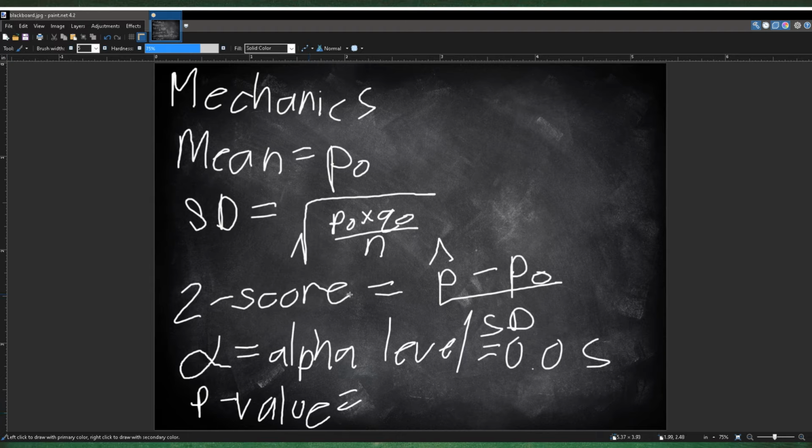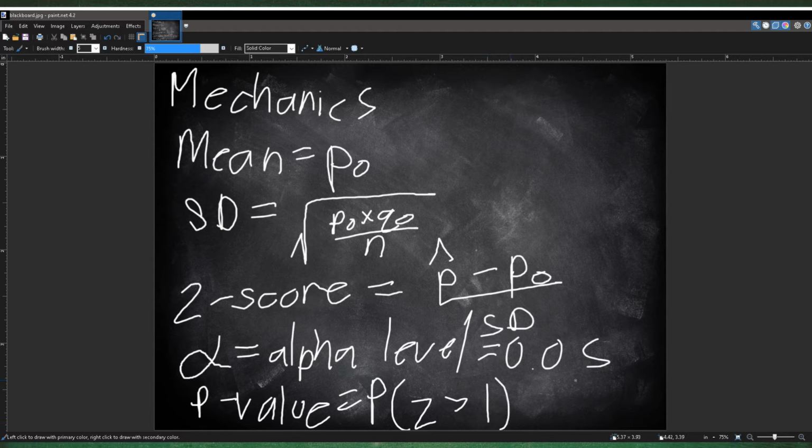The mean, the standard deviation, and the z-score you could do all by hand, but the p-value you're going to be using a calculator basically all the time, unless you want to use calculus, which I'm not going to teach. So the p-value is basically just the probability where z is greater than whatever you got as your z-score. So if you have a z-score of 1, then you find the probability where z is greater than 1, and you just plug it in.